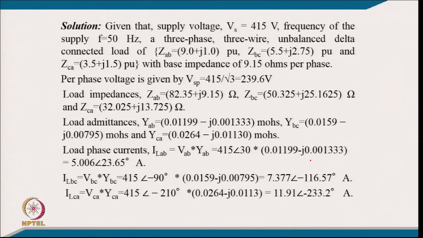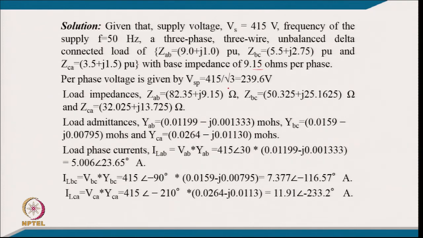Coming to the solution, given that supply voltage 415 and frequency 50 Hz, 3-phase 3-wire unbalanced delta connected load with the impedance of ZAB 9.0 plus J1 per unit and ZBC 5.5 plus J2.75 per unit, and ZCA 3.5 plus J1.5 per unit with the base impedance of 9.15 ohms per phase.